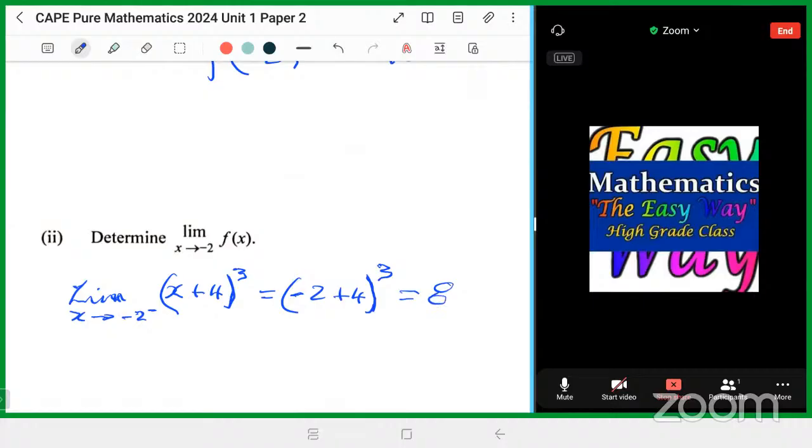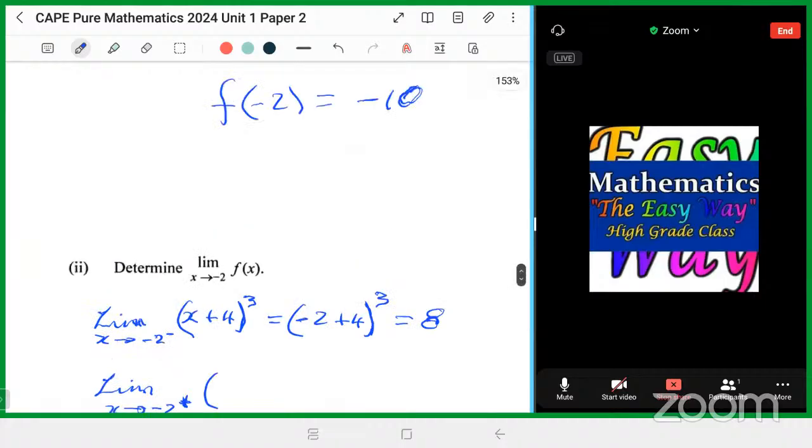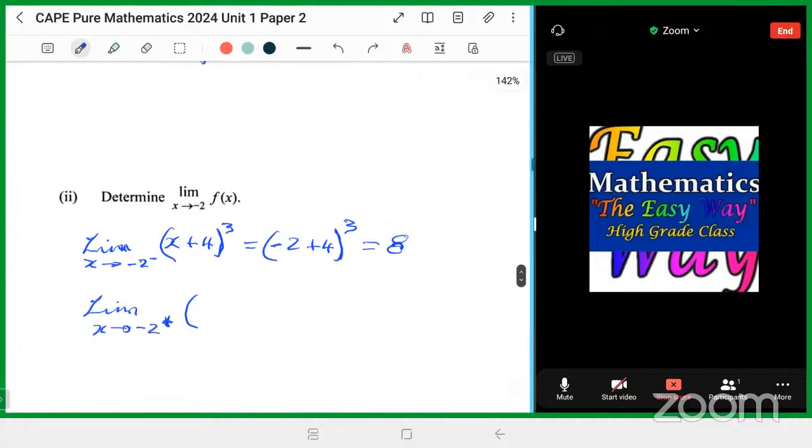Then on the right, if you don't get the same value, the limit does not exist. So the limit as x approaches -2 from the right, I am on the function on the right side of -2. That's this one: x squared plus 8x minus 1.